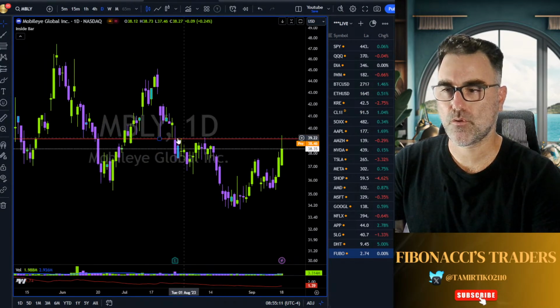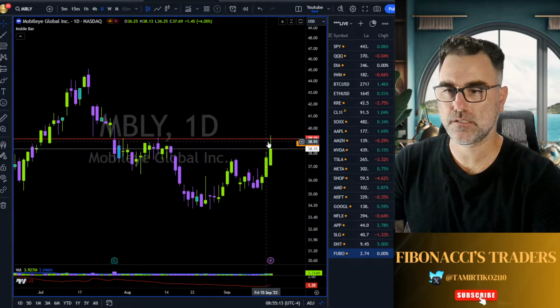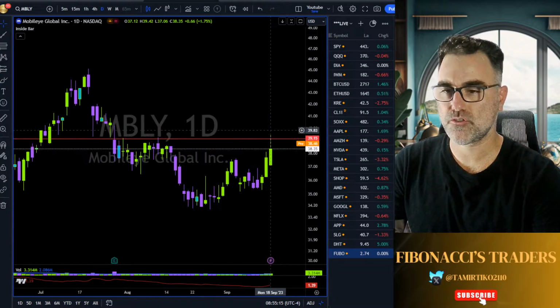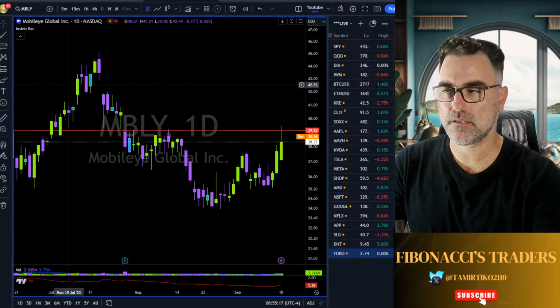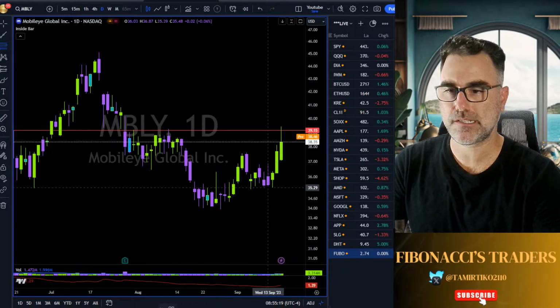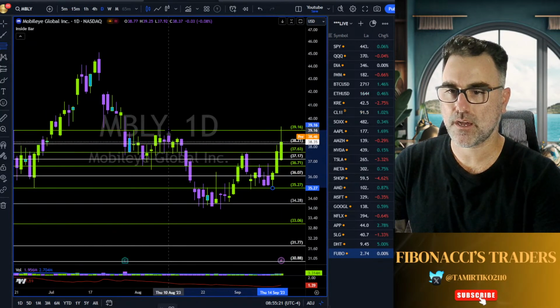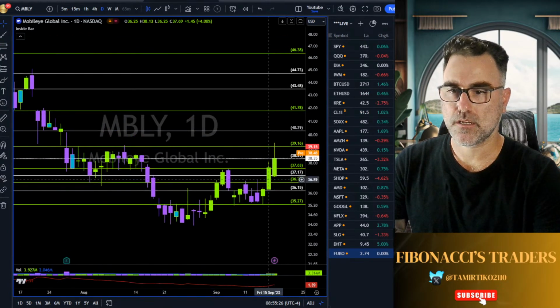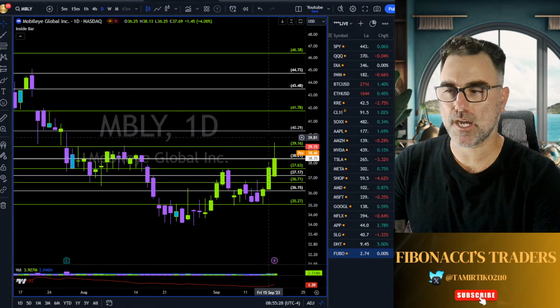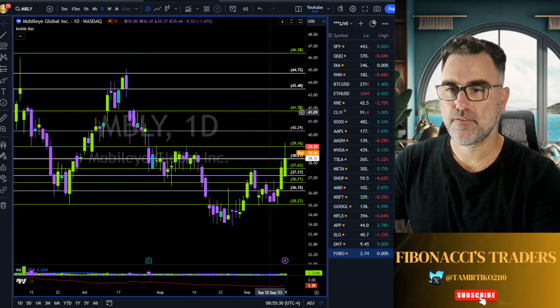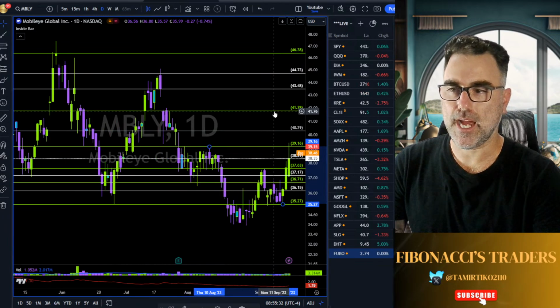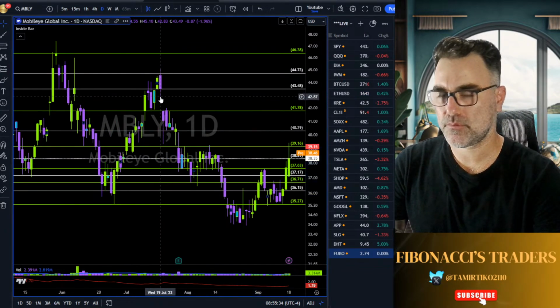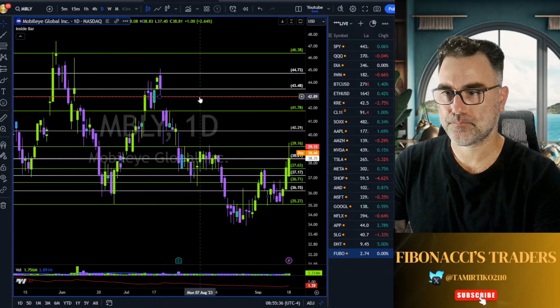The 39.40 area resistance, yesterday it went all the way, tried, got rejected. So long continuation, obviously, only above this area. Now you can take Fibonacci to the upside. Above 39.20, we are heading towards 40.30, 41.80, and then we have this gap over here.